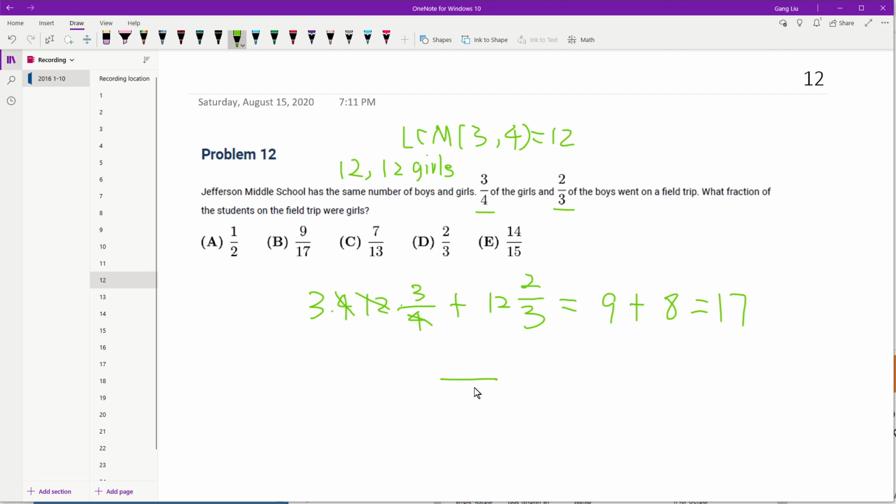We have 9 girls, so the fraction is 9 over 17. Because everything is in proportion, this is the base ratio. If we add a scaling factor, we can assume that we have 12x boys and 12x girls in the middle school. Then when we multiply, it will all cancel out.